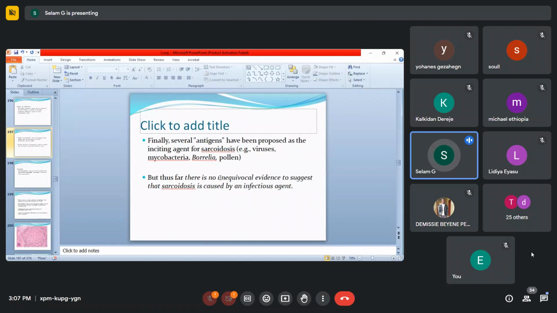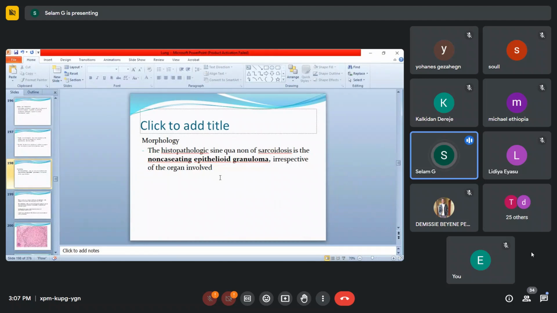Several antigens have been proposed as inciting agents for sarcoidosis, like virus, mycobacteria, borrelia, or pollen. But thus far, there is no unequivocal evidence to suggest that sarcoidosis is caused by an infectious agent. So rather, it's an immunologic reaction.